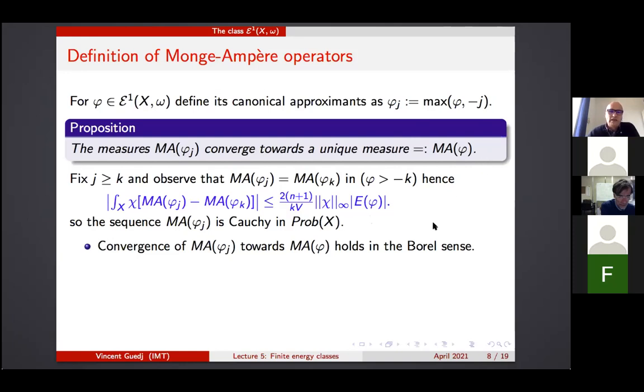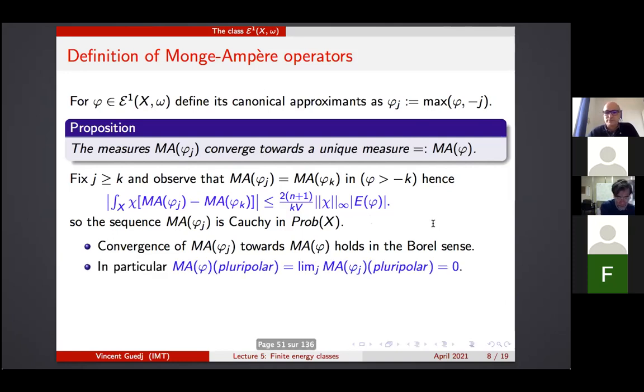Okay. So in particular, the fact that it holds in the sense of Borel has the following simple consequence. Namely, the Monge-Ampère measures of the function phi do vanish on pluripolar sets.